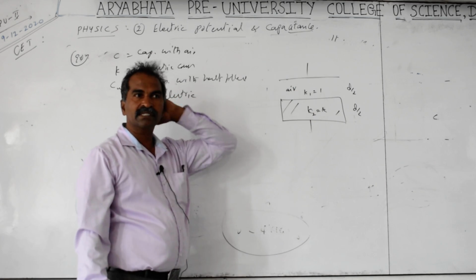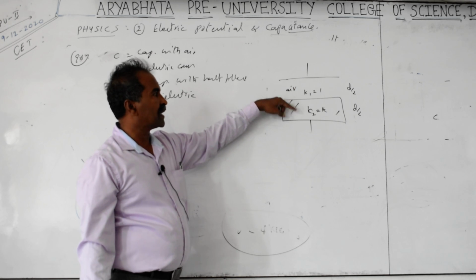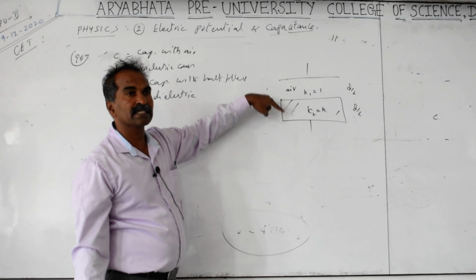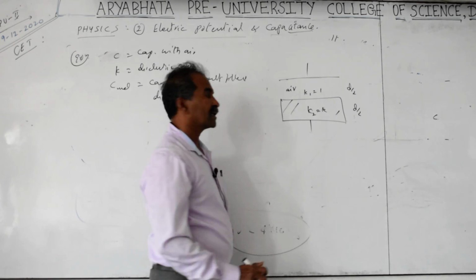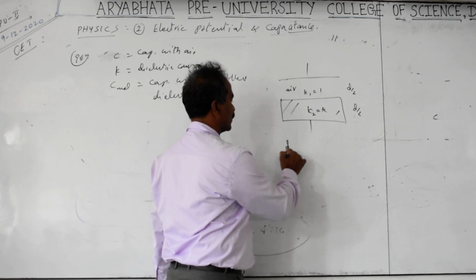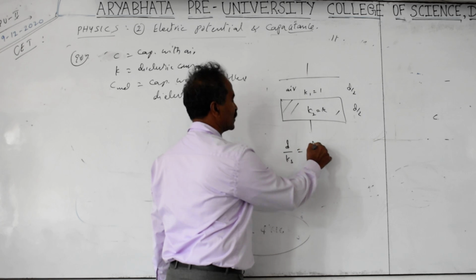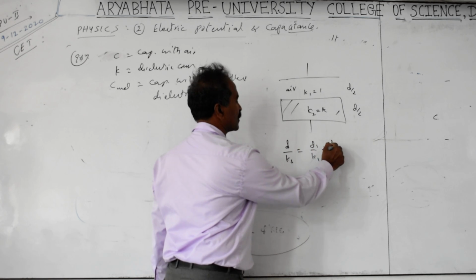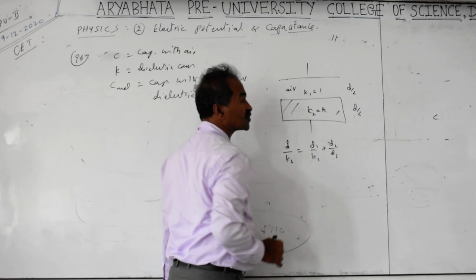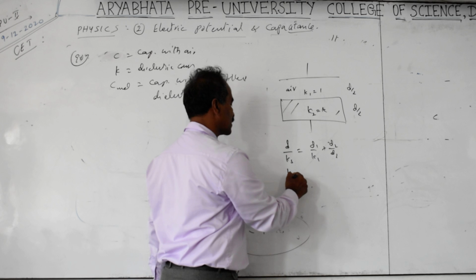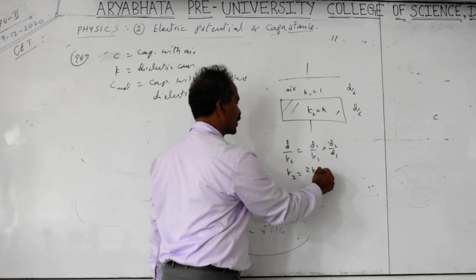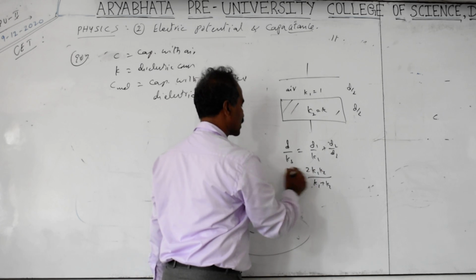What is the formula we get for dielectrics in series? D by K series is equal to D1 by K1 plus D2 by K2, but D1 is equal to D2 here. With the condition D1 equals D2, K series is equal to 2 K1 K2 by (K1 plus K2).